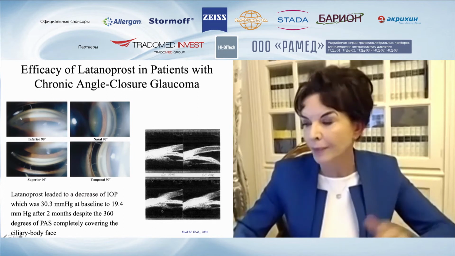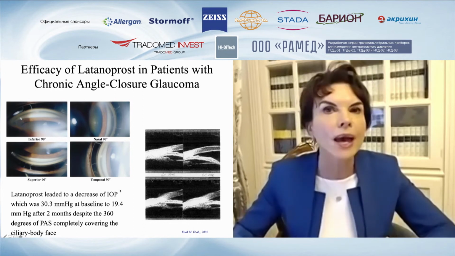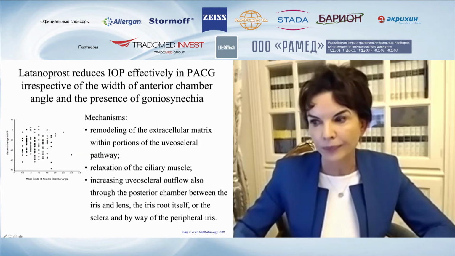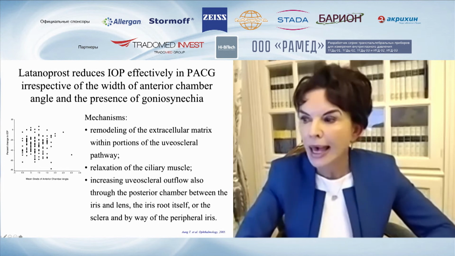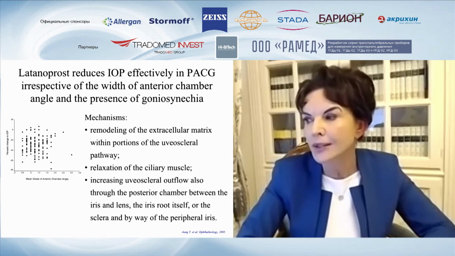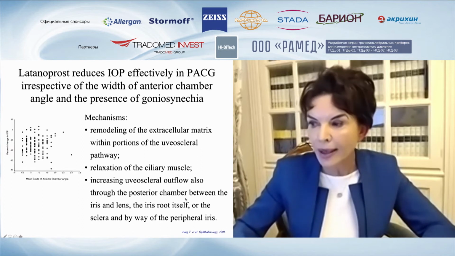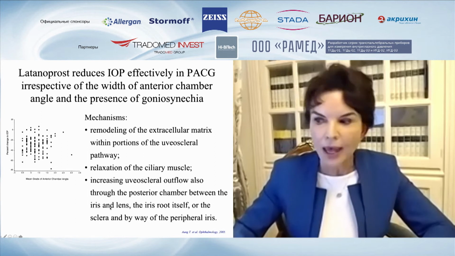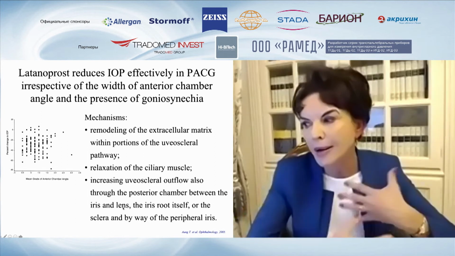And it was confirmed in this study by UBM and gonioscopy. The authors have assumed that latanoprost may increase the uveoscleral outflow in primary angle closure glaucoma through the posterior chamber between the iris and lens and through the peripheral iris itself and the iris root.